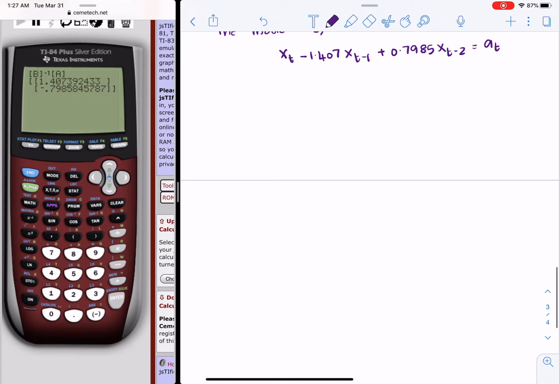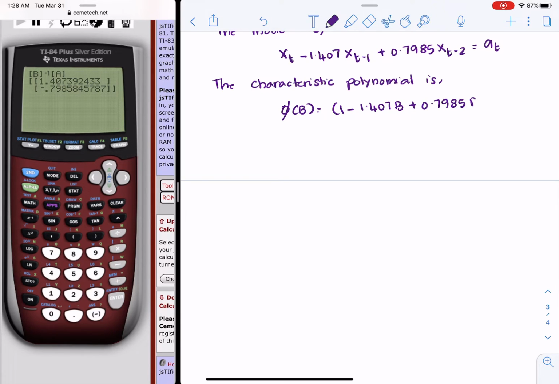So now we've defined the characteristic polynomial. The characteristic polynomial is phi of b, which is equal to 1 minus 1.407b plus 0.7985b squared.